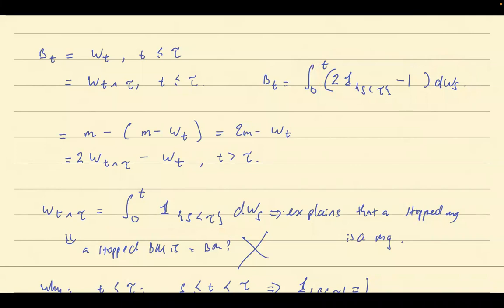You can do it like this. Before tau, the integrand is 1, so the square is 1. After tau, what's the integrand? -1.